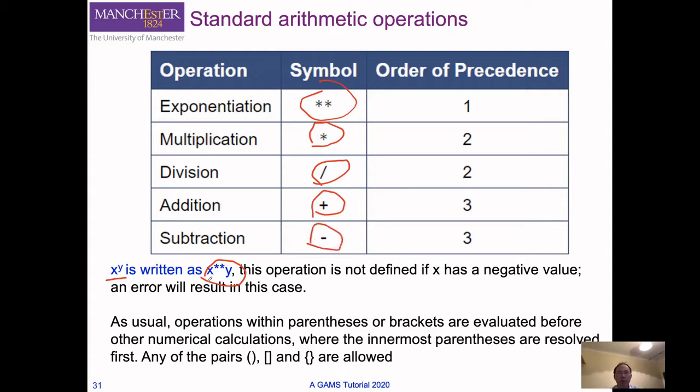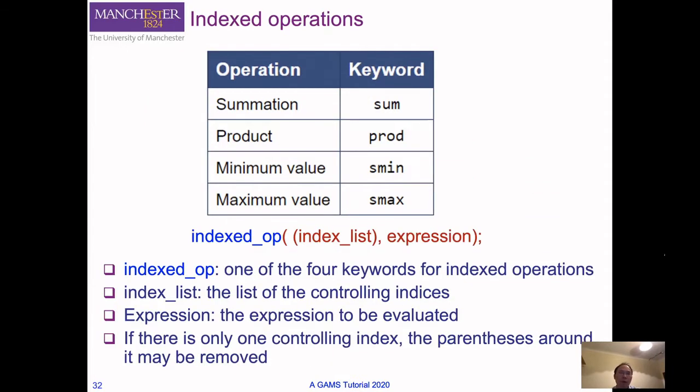If we want to use this term to denote the y power of x, this operation is not defined if x has a negative value. That means x should be non-negative. As we use index list in an equation, then in some cases there are indexed operations.